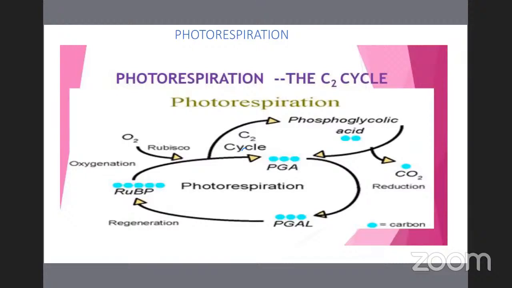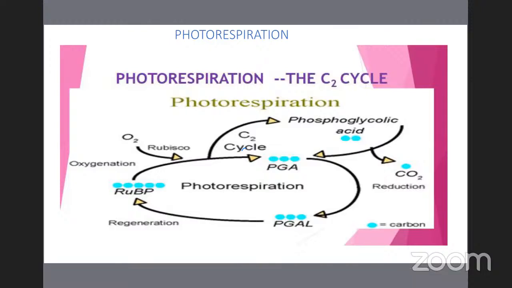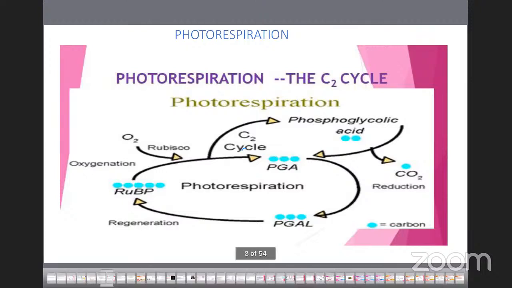See here, the schematic representation of photorespiration. Here, oxygen combines with RUBP. In the presence of oxygen, RUBP gives PGA, and this acid will be converted into aldehydes, with regeneration of RUBP and release of carbon dioxide.